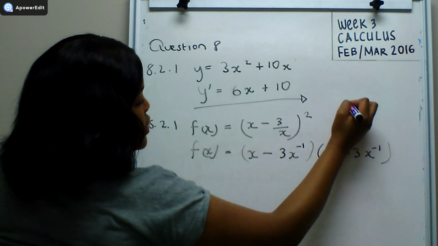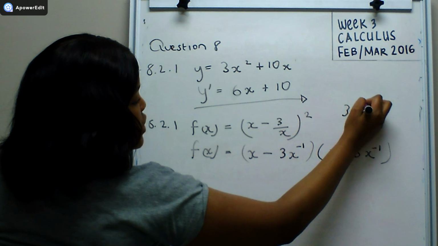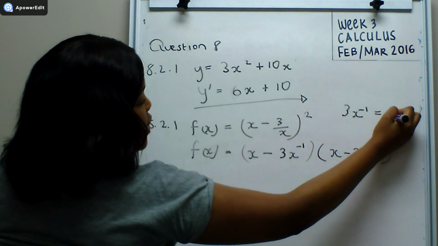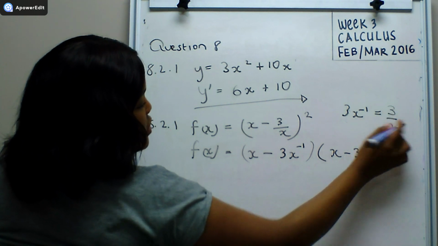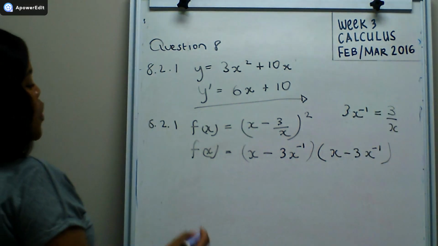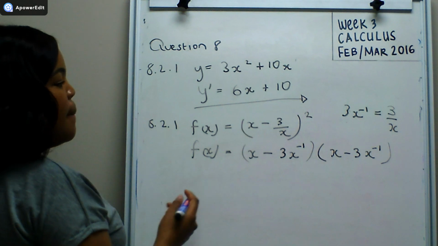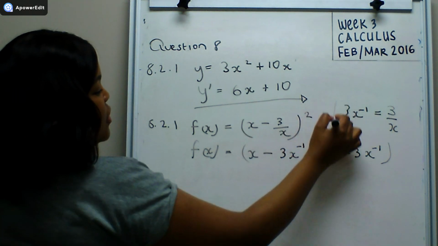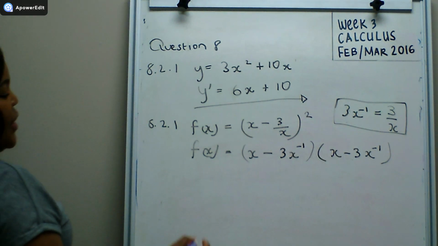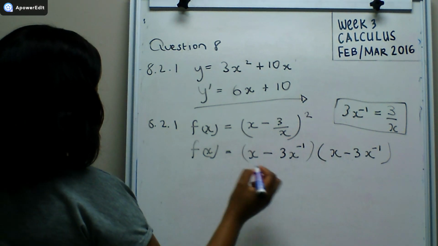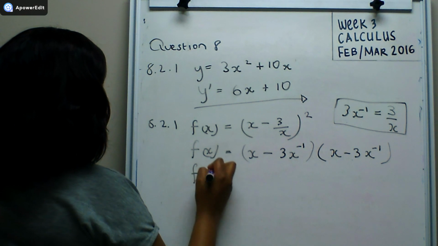I'm just showing you that 3 times x to the power negative 1 is the same as 3 over x. This is just to make it easier to manage, so that's why I choose to write it like this. Otherwise, you can do it otherwise.